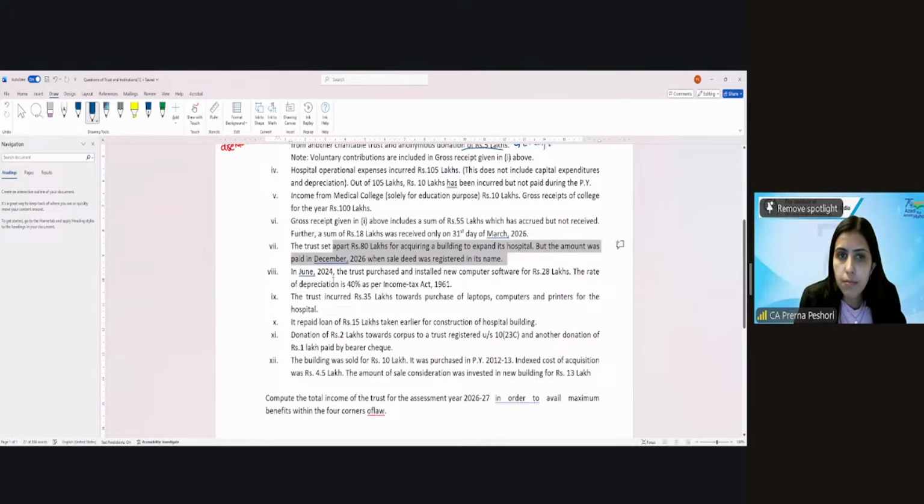Yes, ma'am. In June 2025, the trust purchased and installed a new computer software for 28 lakh. Rate of depreciation is 40% as per the Income Tax Act 1961. The depreciation will be allowable. Depreciation will not be allowed.